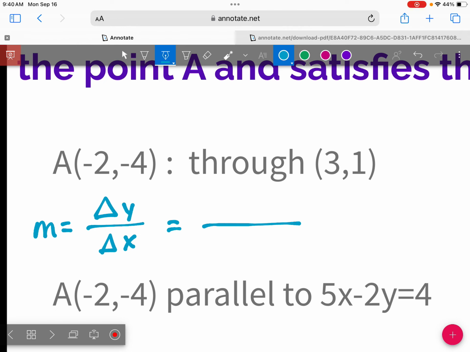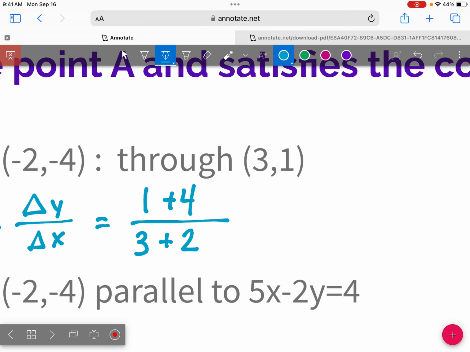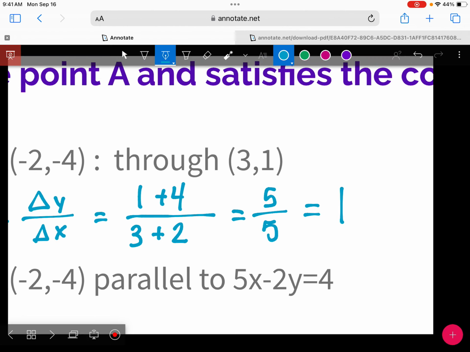You've mixed your x's and y's. 1 minus negative 4, or 1 plus 4, over what? 3 minus negative 2, or plus 2. So we get in our numerator what? 5 over 5. So what's my slope? 1.